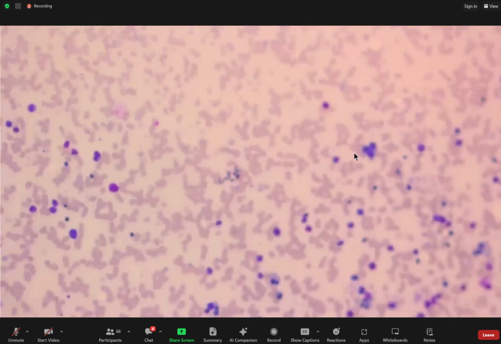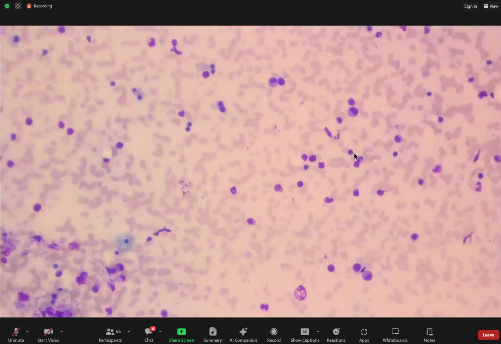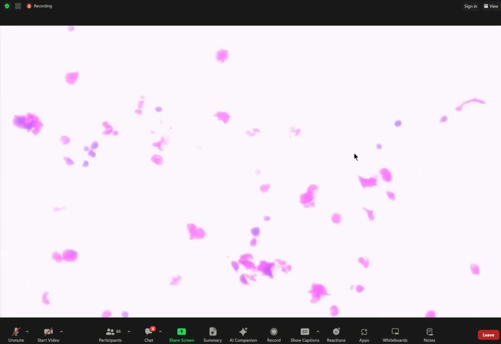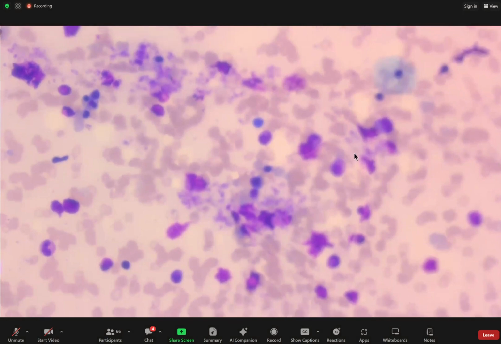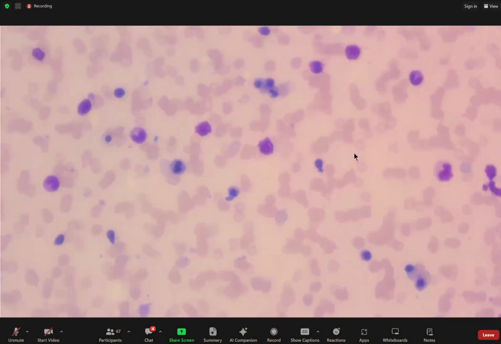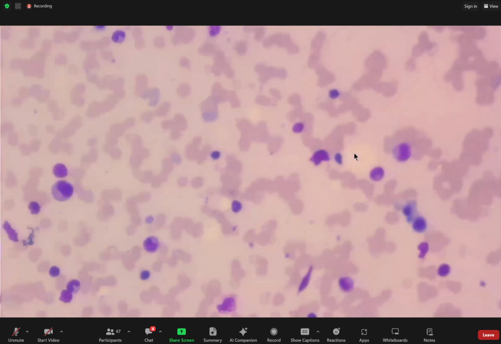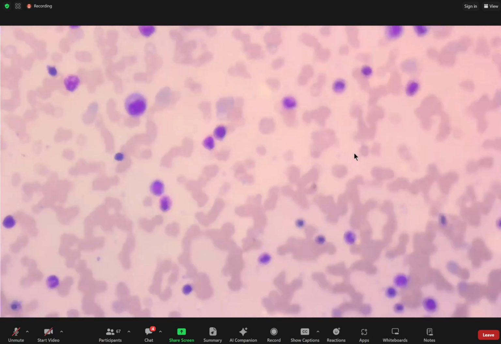I cannot see very clearly because it's a bit blurred. Oh no, actually there's no macrophage around the cells. So you think it's not erythrophagocytosis? No. Oh, okay. I don't know. They kind of stick together. Yeah, I don't know why they stick together. But that's the interesting one.